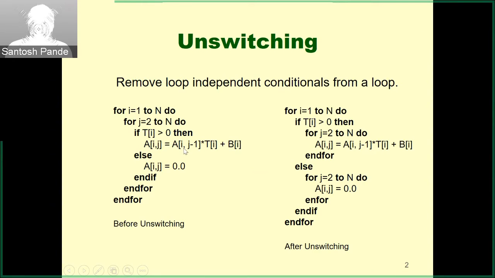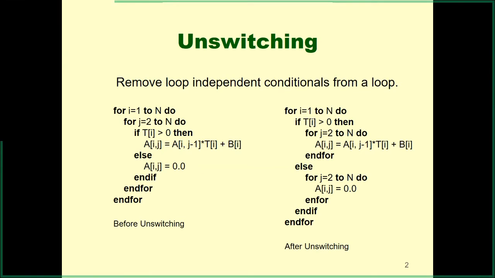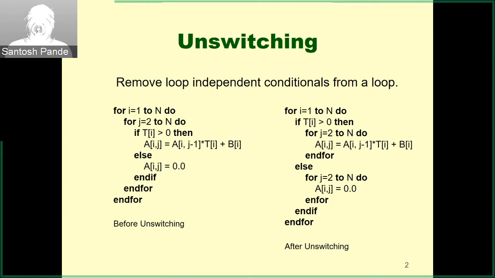And if there was locality between the then and else sides of the loop, that is now affected. We could see there that now this whole J loop executes for all statements, and of course, since then and else are mutually exclusive, we do not have to worry about the dependencies here, if, of course, the Ti was independent of J. Under that assumption, we would always enter the J loop.